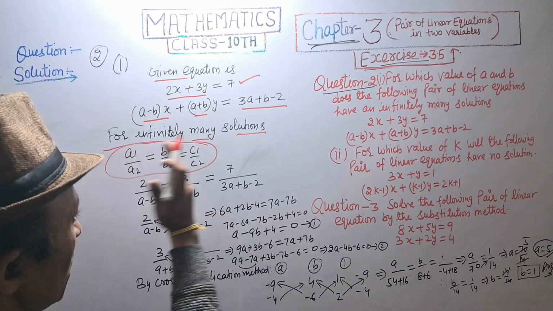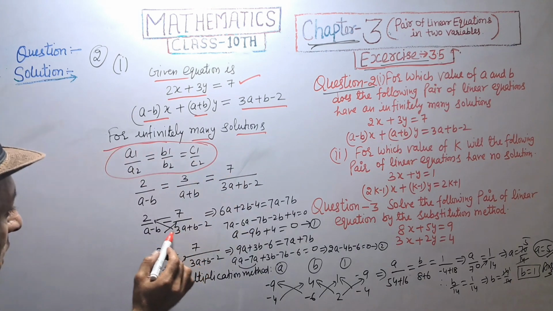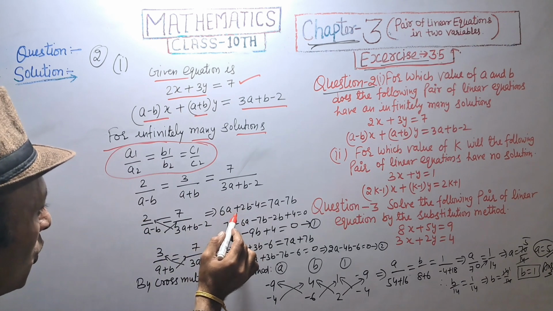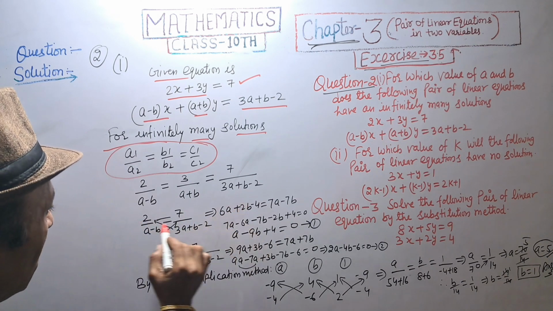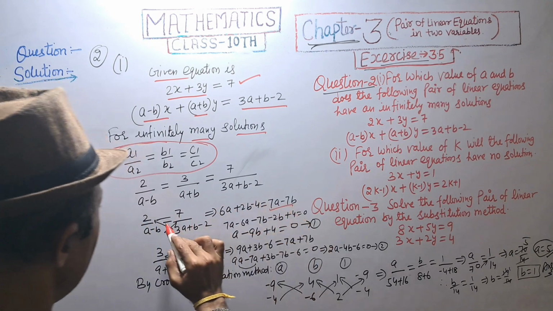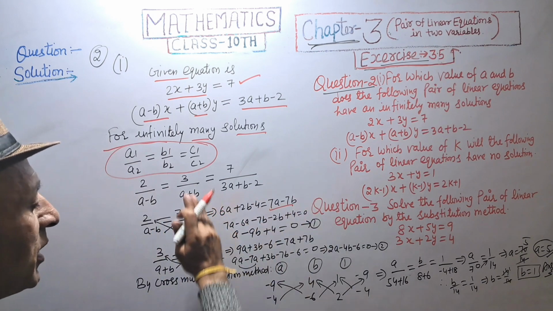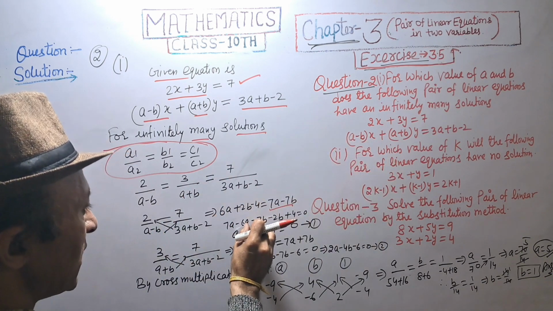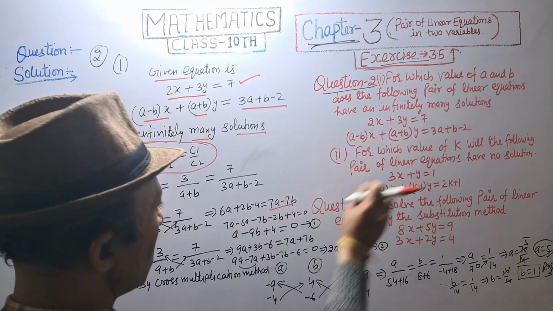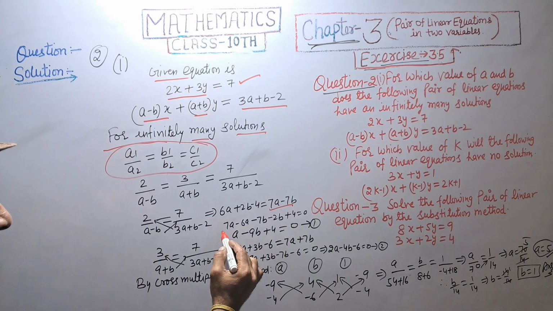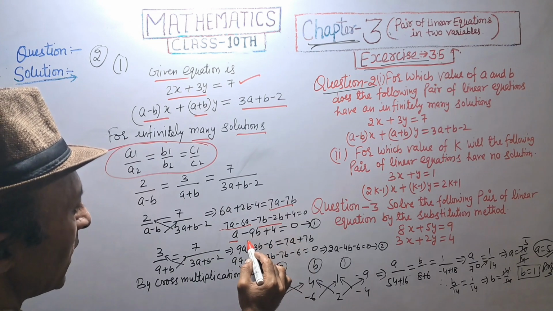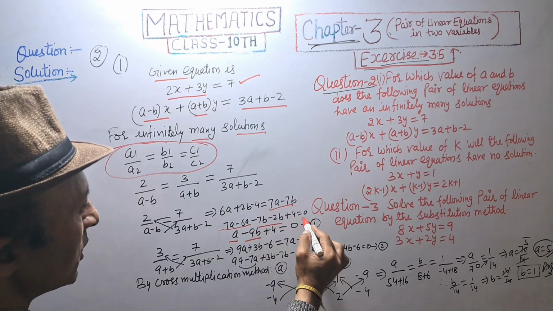First equal to third, we get 3a multiplied by 2, 6a plus 2b minus 4 is equal to 7a minus 7b. Shifting this to the right side, 7a minus 6a minus 7b minus 2b plus 4 equal to 0. 7a minus 6a is a, and minus 9b plus 4 equal to 0. It's equation number first.